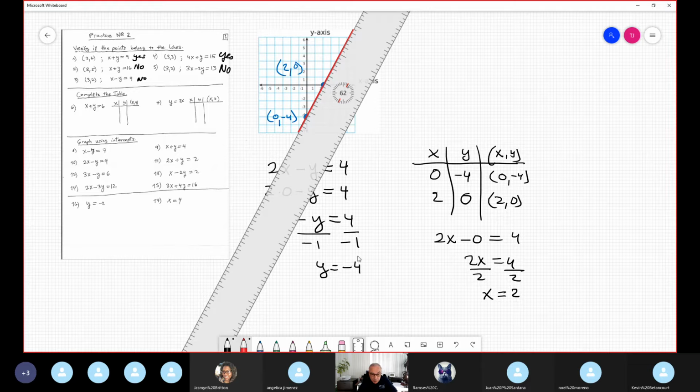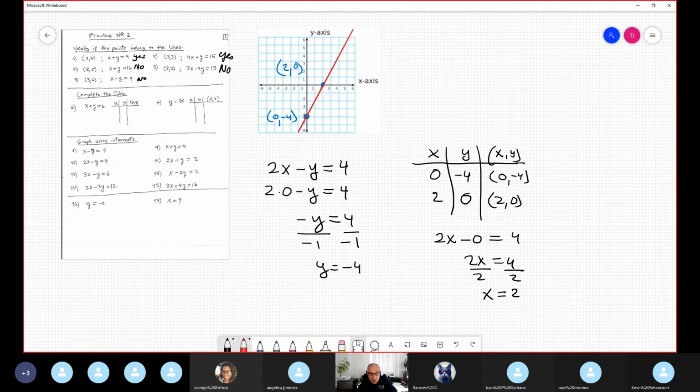Good. This is my line. It represents the linear equation 2x minus y equals 4. I suppose this is super easy. So this was number 10, no?